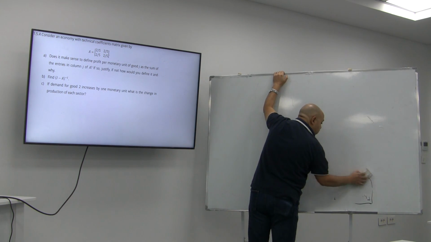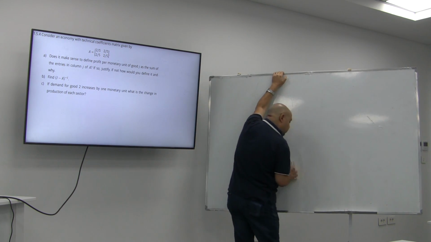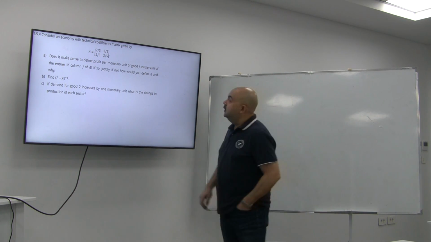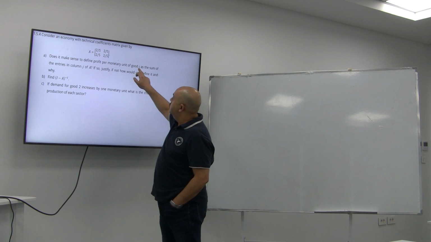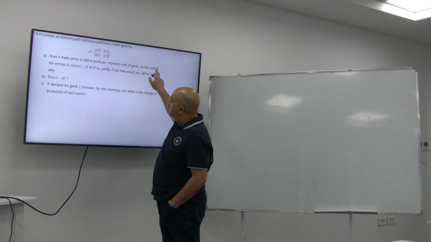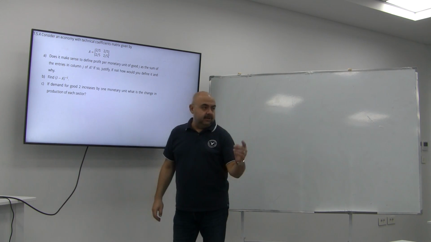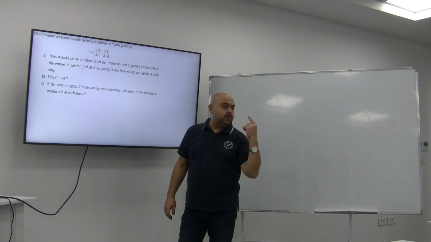So once more, read once more. Does it make sense to define profit per monetary unit of good J as the sum of the entries? Stop. I'm talking about the first good, or sector number 1.